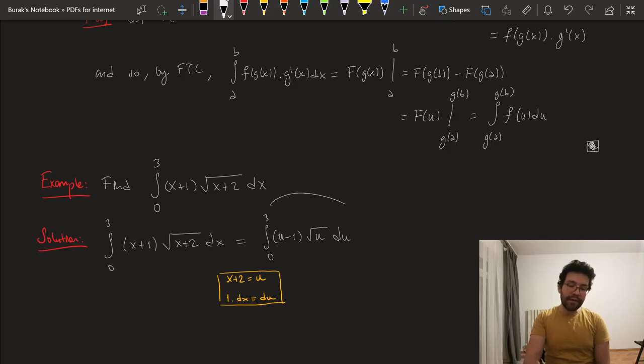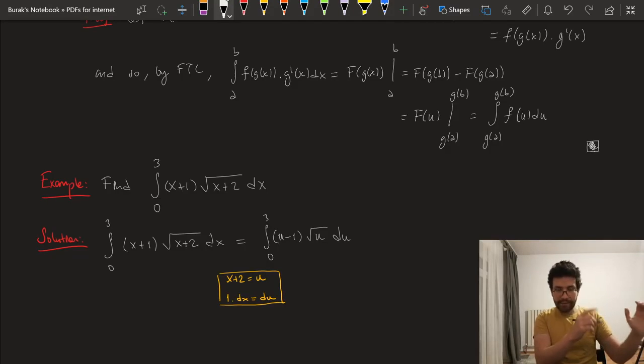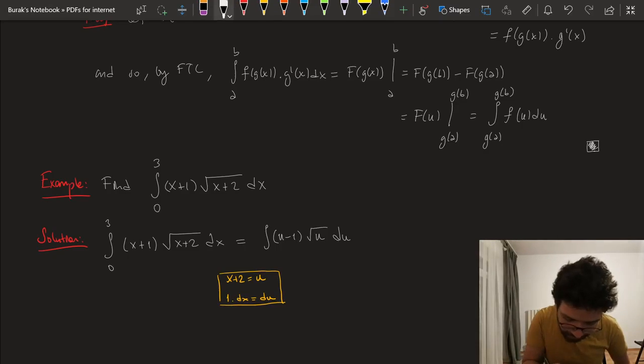When I look at this definite integral, what I see is I'm supposed to integrate the function of u, which is u minus 1 squared u, over the interval 0, 3, where the numbers in this interval will be for the variable u. This is from u equals 0 to u equals 3. This is not the case. I made a substitution, okay? The original interval was for x, but I did a substitution, now I'm working with u. So I need to change these accordingly.